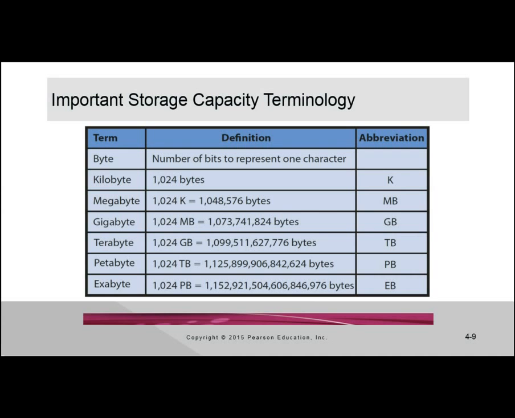That's 1,000 billion bytes. Even higher than that is petabytes, a million billion bytes. Google says they process 5 petabytes of data daily.